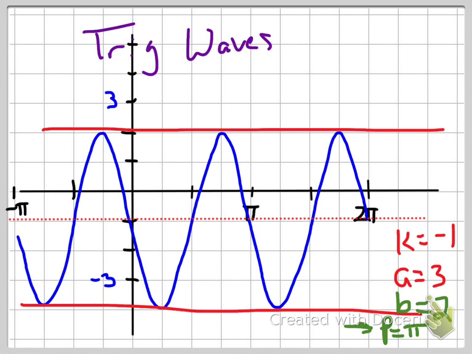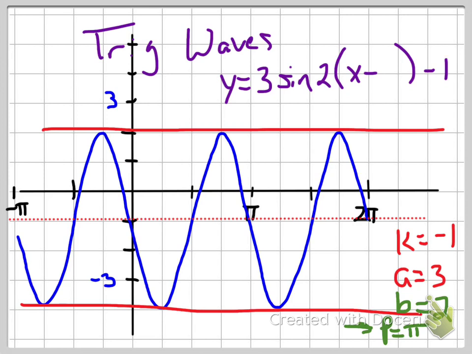So when I look at this, I have y equals, my amplitude is 3. Now, whether I'm going to use sine or cosine is going to make a difference here. So let's call this a sine graph. My B value is 2. X minus, I'm going to finish that in just a second. And my K is -1.